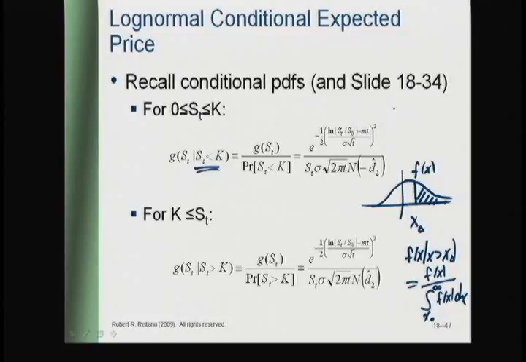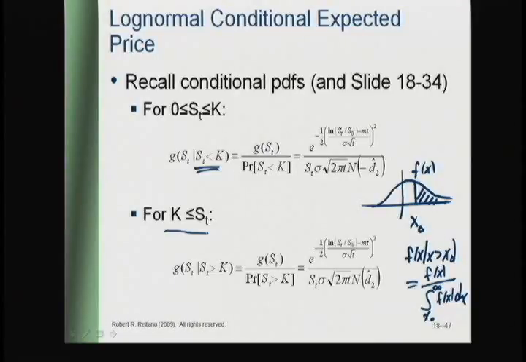Same argument for ST bigger than K. What's the conditional distribution of stock prices conditional on stock prices being bigger than K? Same idea, it's nothing more than the original probability density, but we have to divide by the probability of the condition. That's how we get a total probability mass of 1.